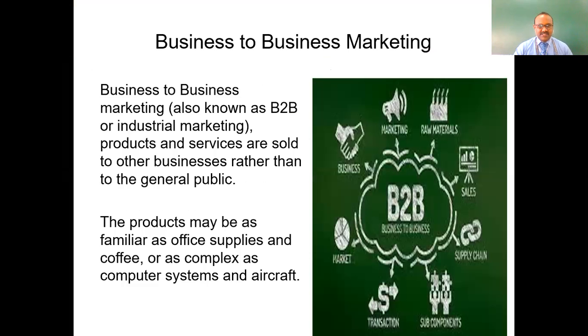Business to business marketing, very often called B2B, is also called industrial marketing, because most of the products that are purchased are for industrial purposes. Products and services are sold to other businesses rather than to the general public. So that's an understanding all of us are aware of.